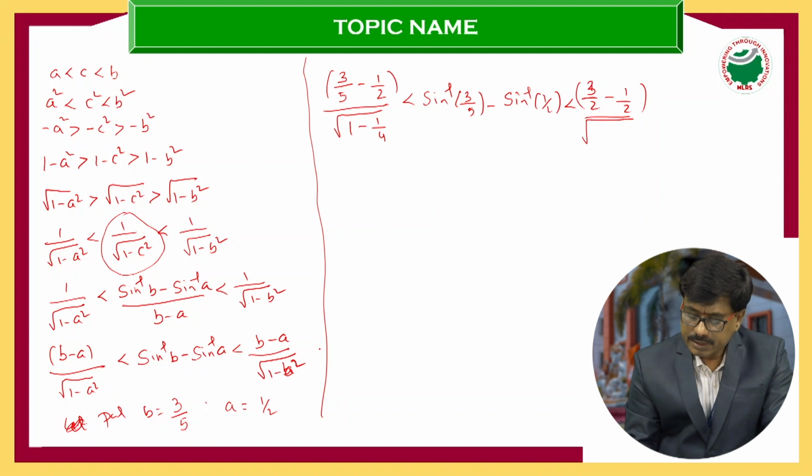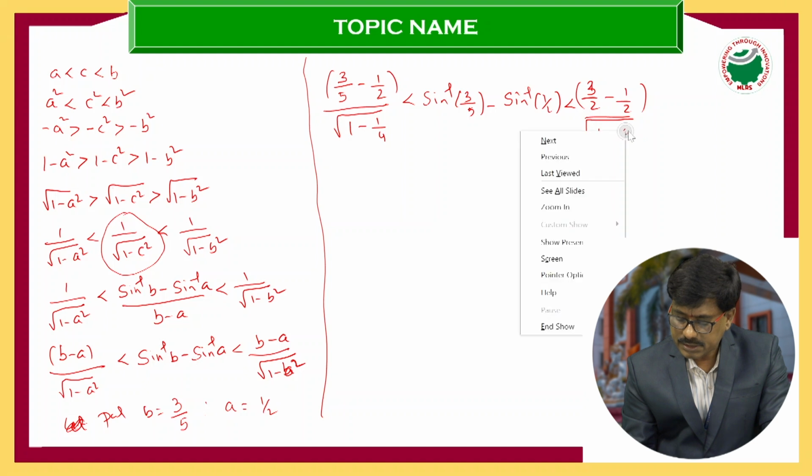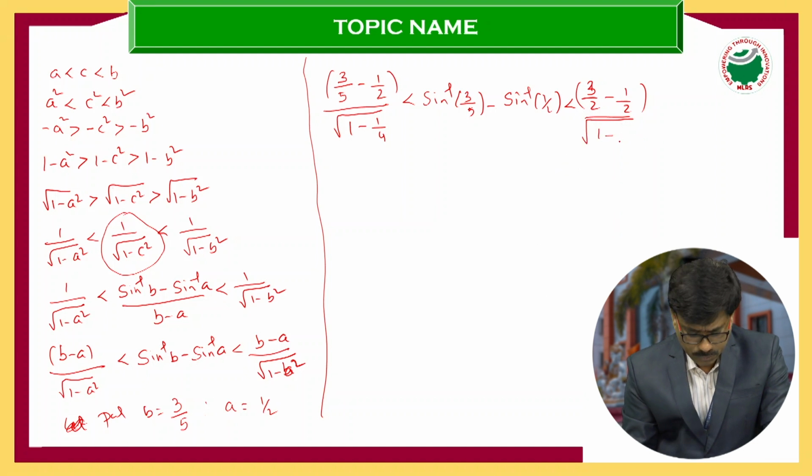What is B square? 3 square is 9, so B square is 9 by 25.